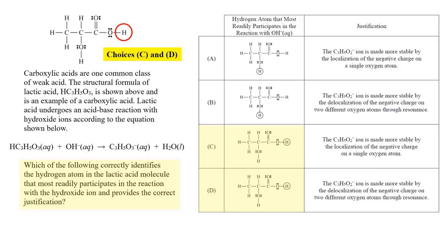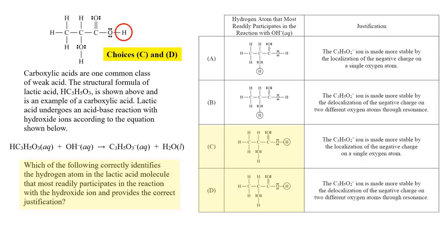So I think a good strategy for answering question 1 is to narrow down our answer choices. Is the correct answer to question 1 choices A or B? Or is the correct answer to question 1 choices C or D?